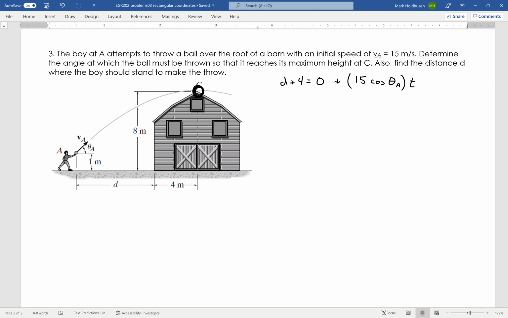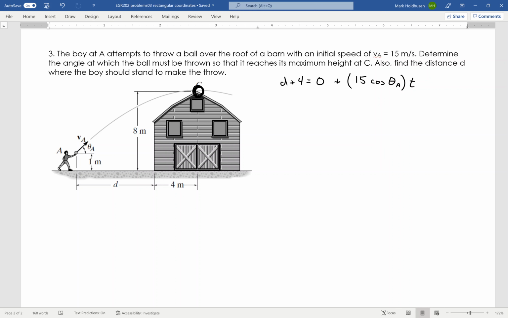So basically I have three unknowns, so I'm going to need a couple more equations to figure this out.